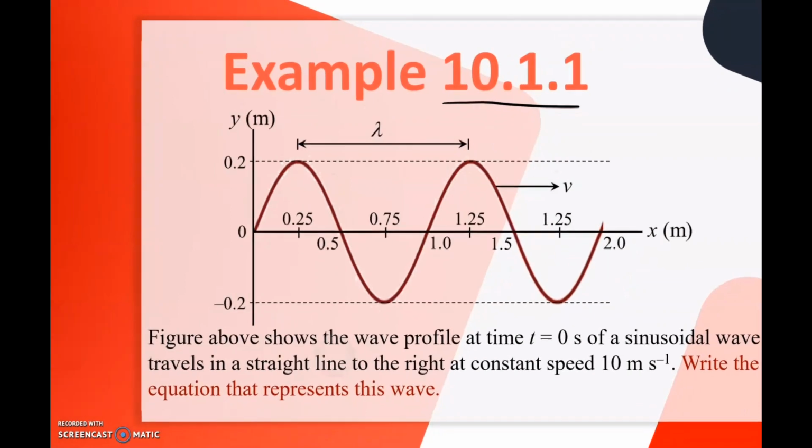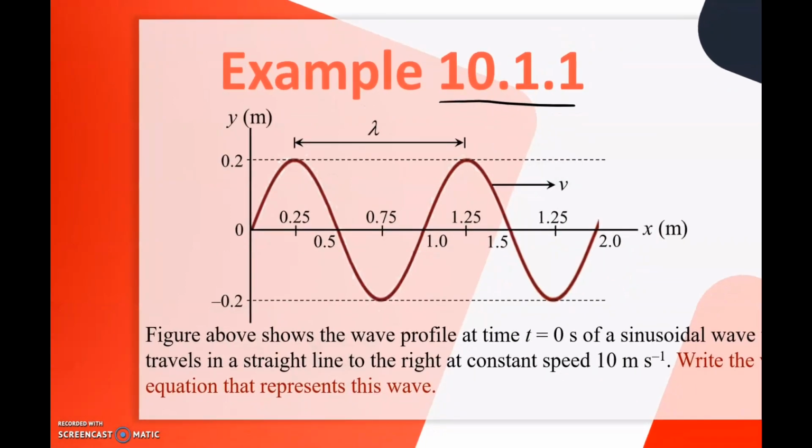This is example 10.1. The figure above shows the wave profile at t equal to 0 seconds for a sinusoidal wave travelling in a straight line to the right at a constant speed of 10 meters per second. You have to write the equation to represent this wave.